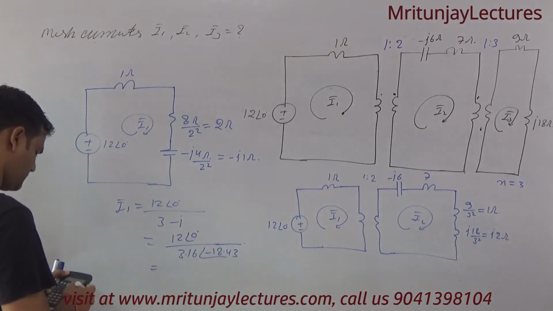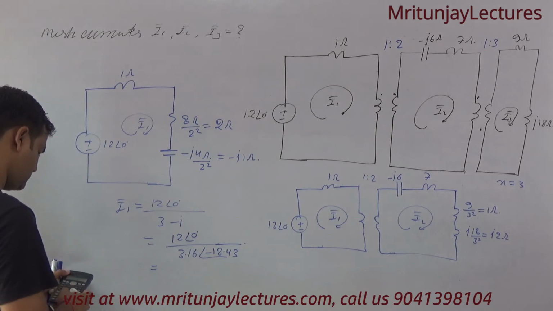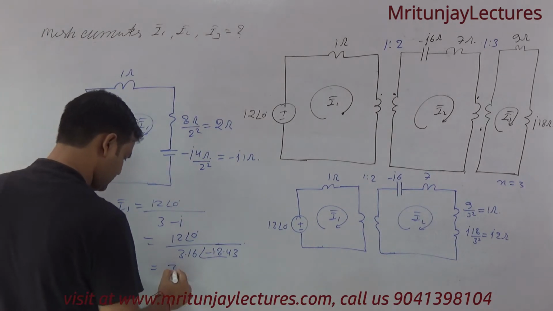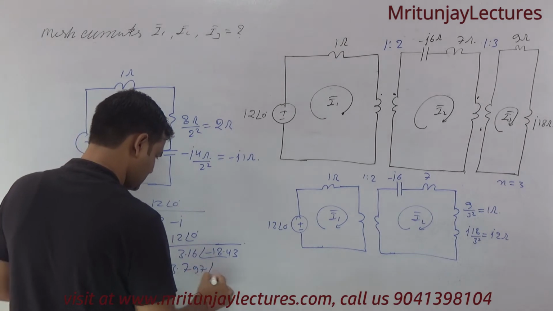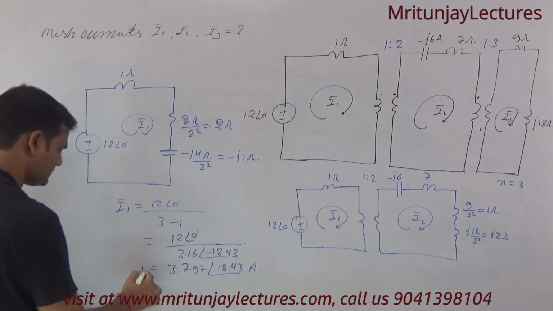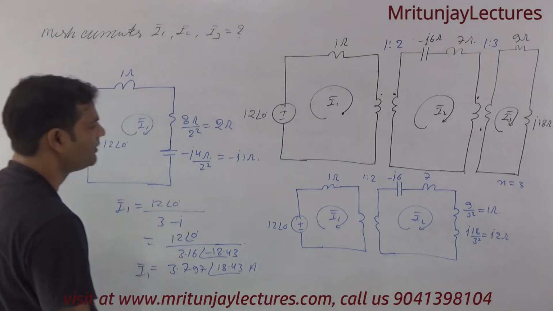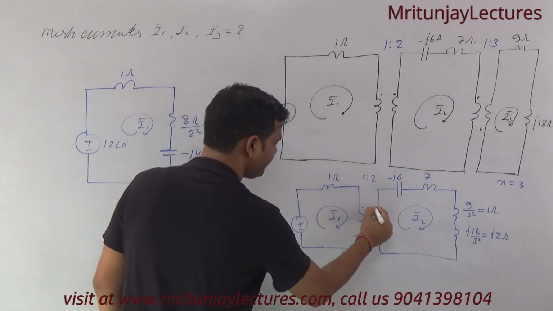Okay, so 12 divided by 3.16, that is 3.797 at the angle minus 18.43 ampere. This is I1. Now what about I2?